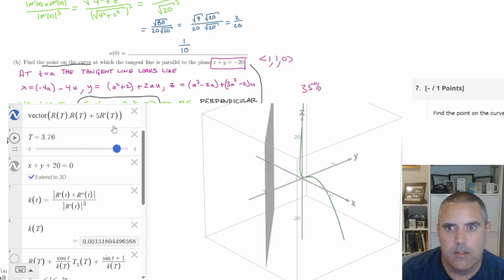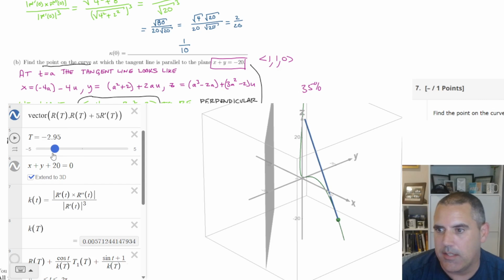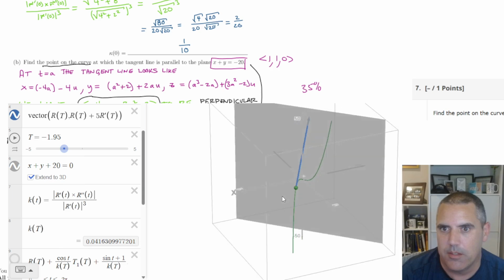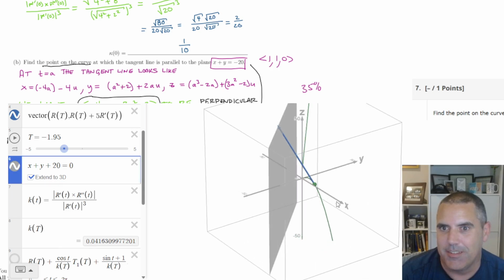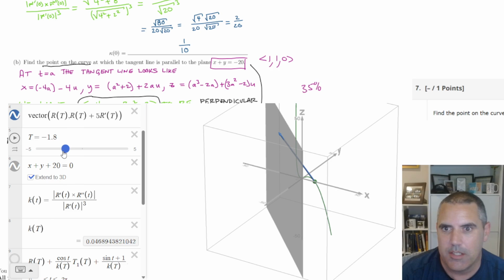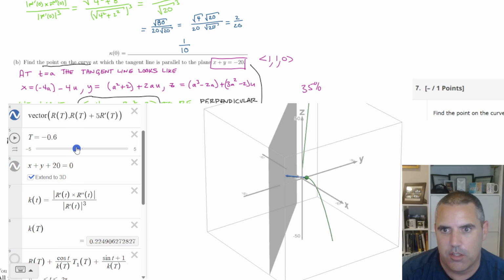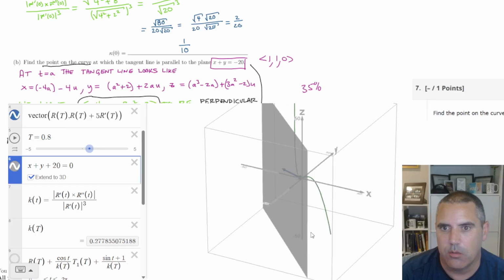Okay, good. Let's show you the tangent vector again. So if you watch that tangent vector, it currently is not parallel to the plane. In fact, it looks like it's going right into it. If you keep going, it's still not parallel, and we're trying to go to where it's parallel. So when is the tangent line going to be parallel?